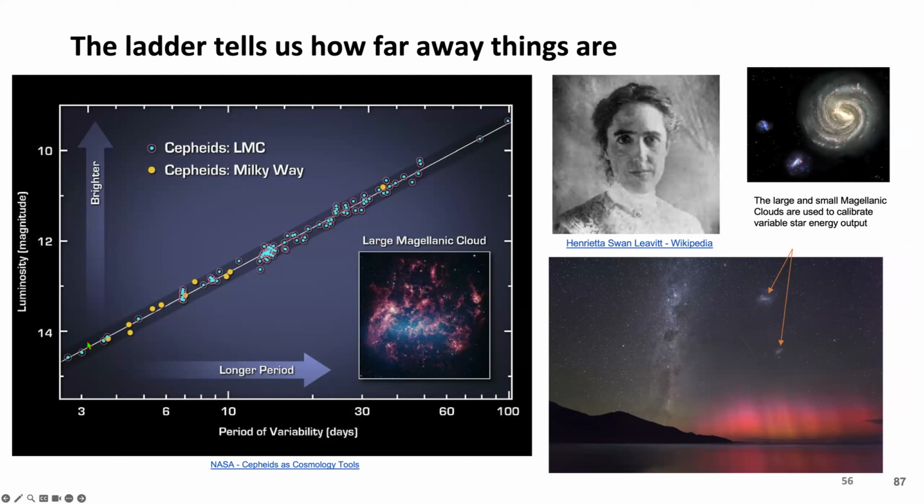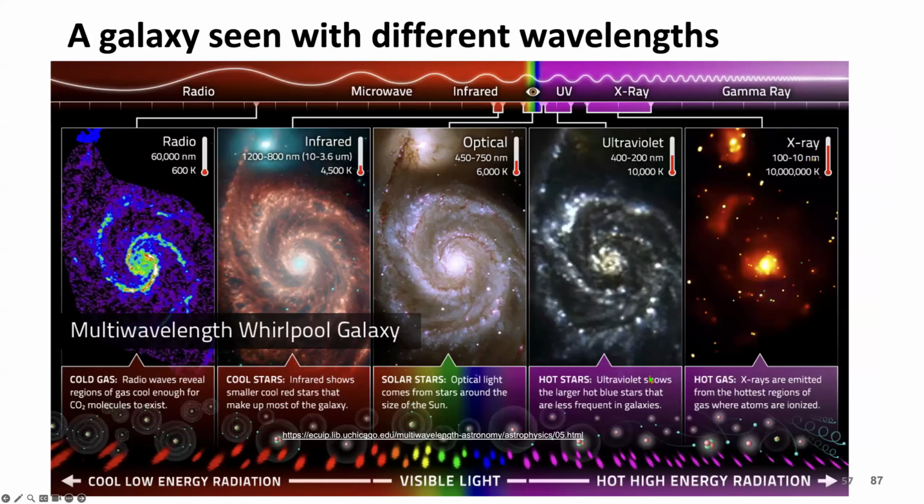Henrietta Leavitt found this relationship between the period of the Cepheid variable stars in the large Magellanic Cloud, LMC, and the ones nearby in the Milky Way, and you can draw a straight line through these things. By the way, if you're in the southern hemisphere, you can see the large and small Magellanic Clouds and the disk of the Milky Way. So lots of effort was required.